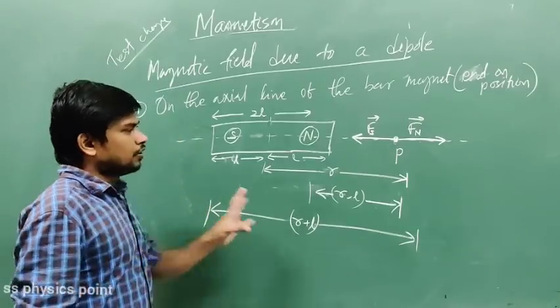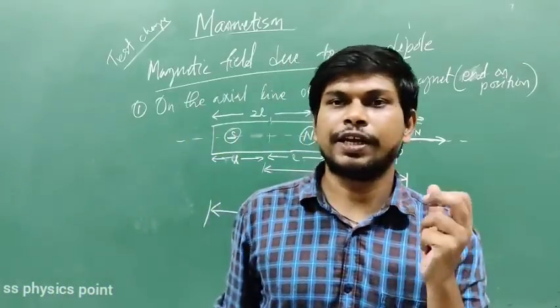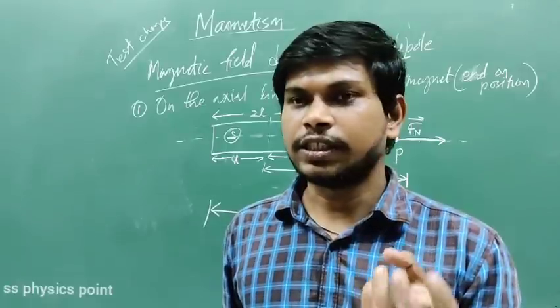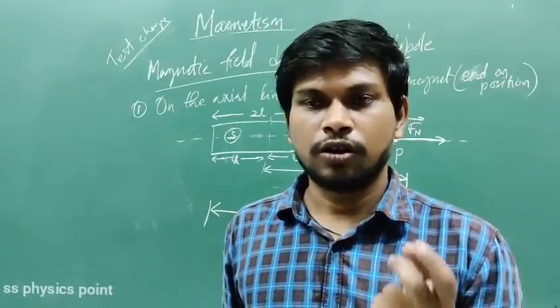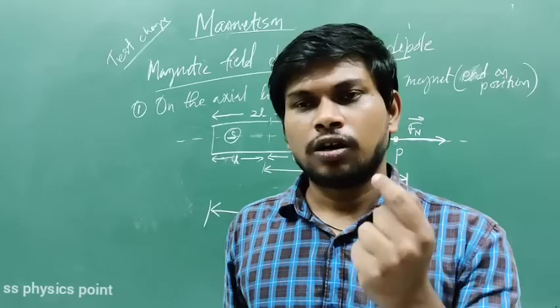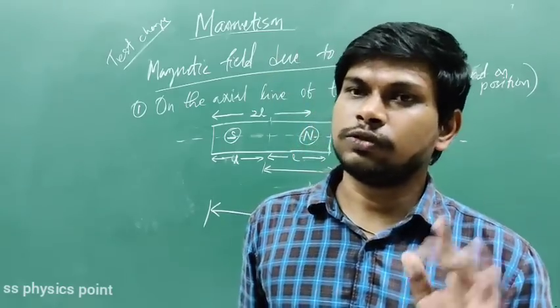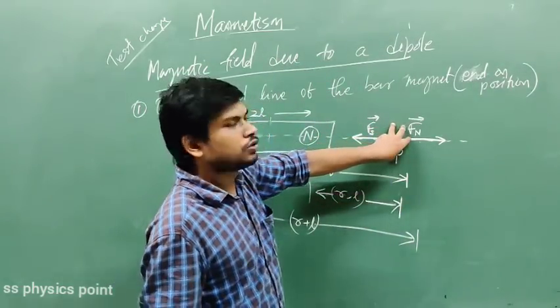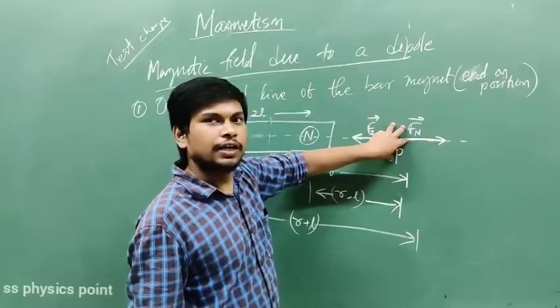Remember like that, you are taking or assuming just like a test charge. In electrostatics you have taken a test charge of unit magnitude and positive charge. Similarly, you are taking a unit north pole to test or check the magnetic force.